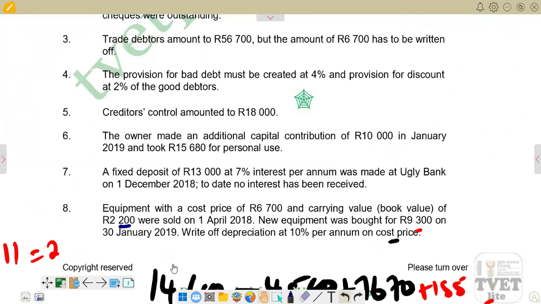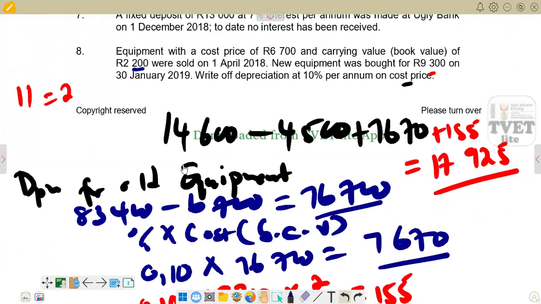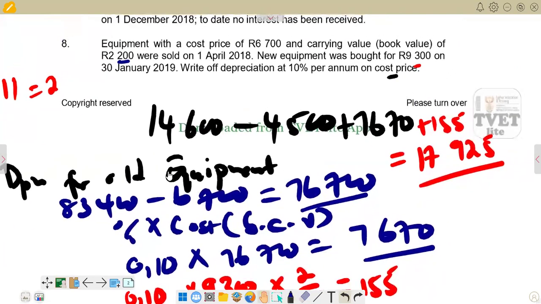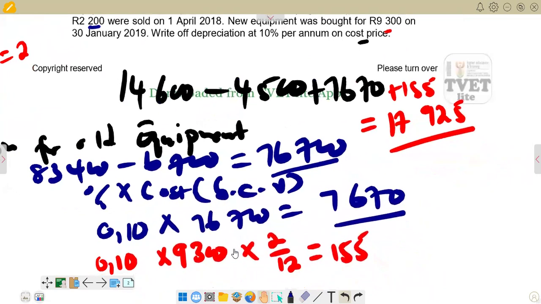For equipment, remember we got 155 for the equipment that was bought during the year. And for all the equipment that was there for the whole year, we got 7,670. And for the equipment that was disposed, it was disposed at the beginning of the year, so it didn't accrue any depreciation for that period.